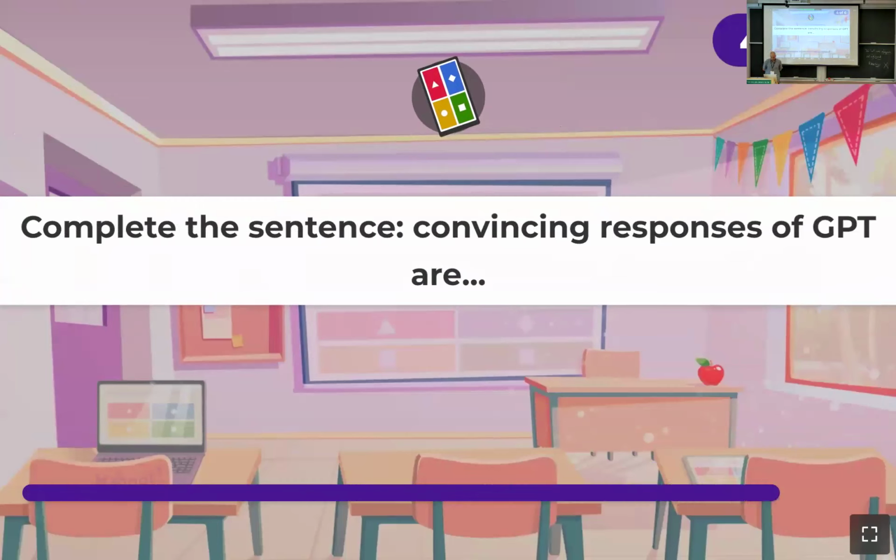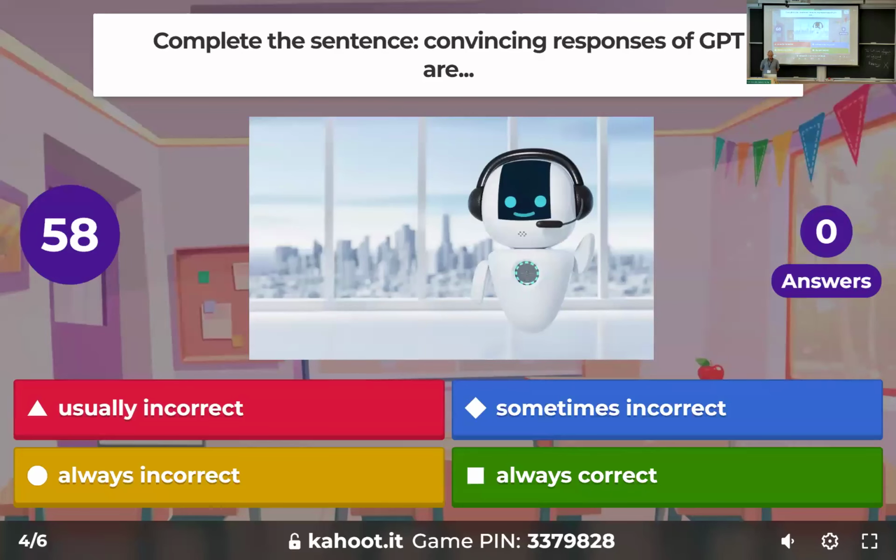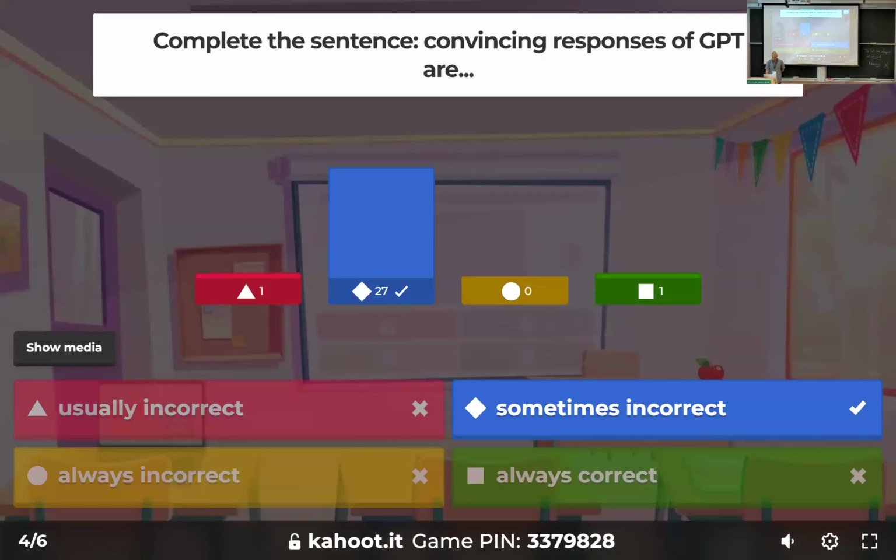Convincing responses of GPT are. Okay, good.